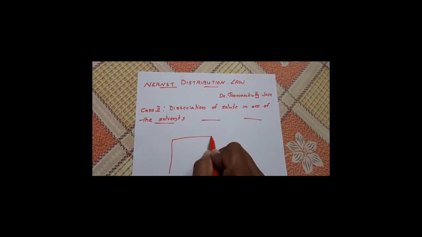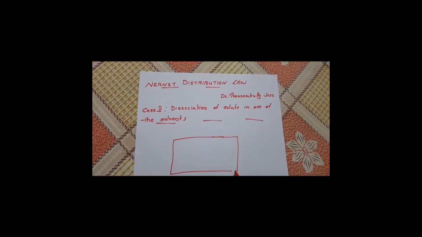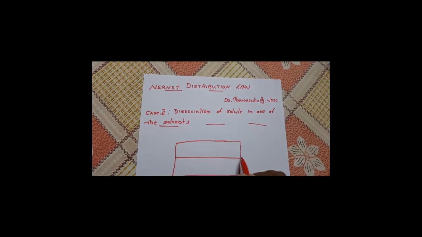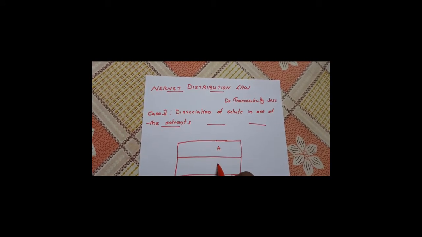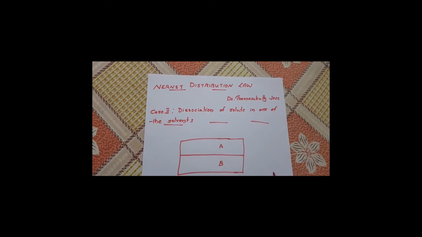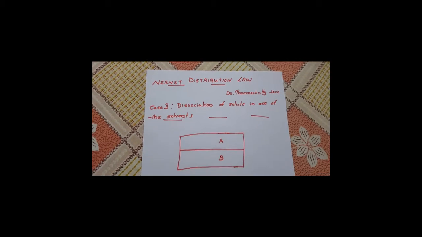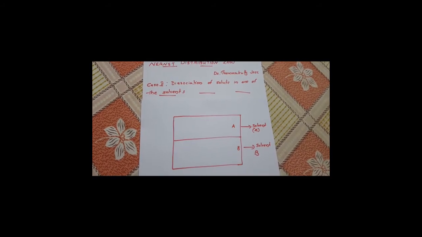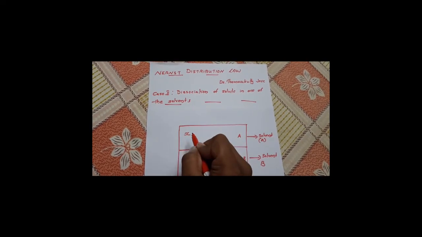Consider our system. Two solvents, solvent A and solvent B, that is two immiscible solvents A and B. X is our solute.